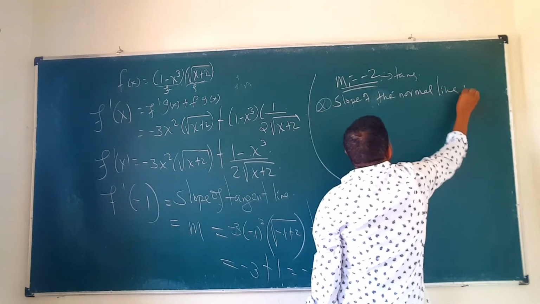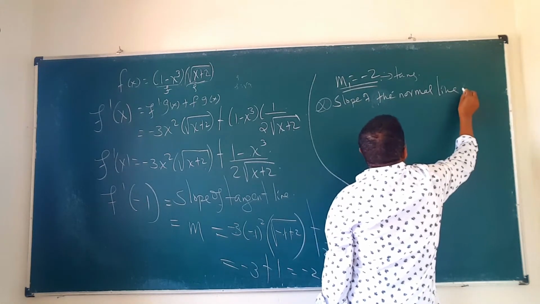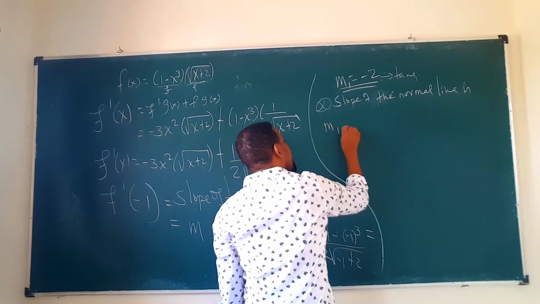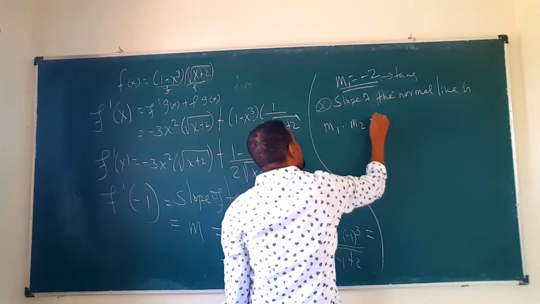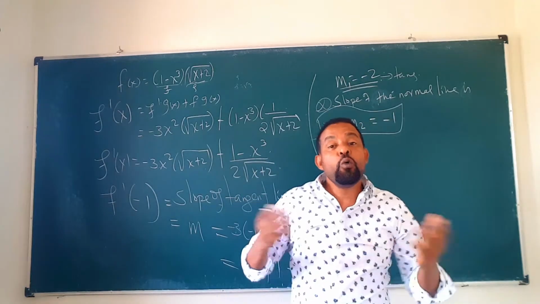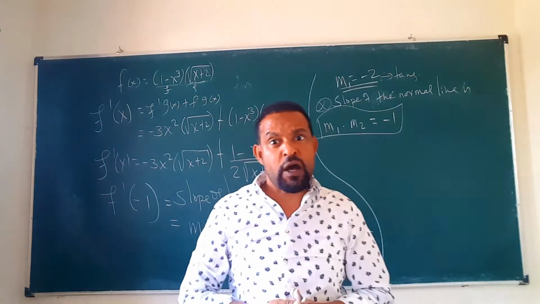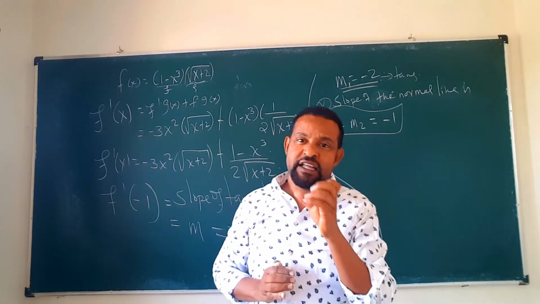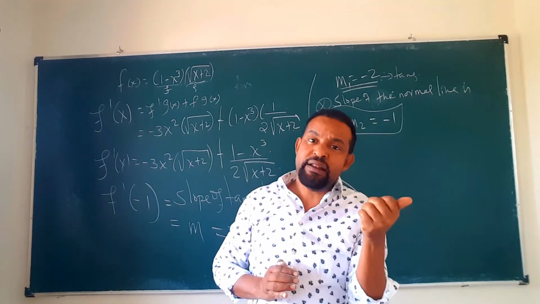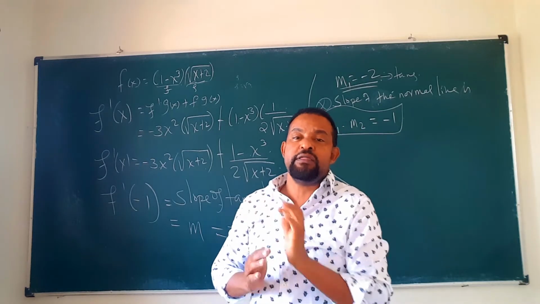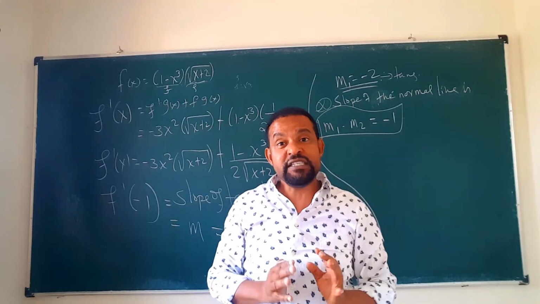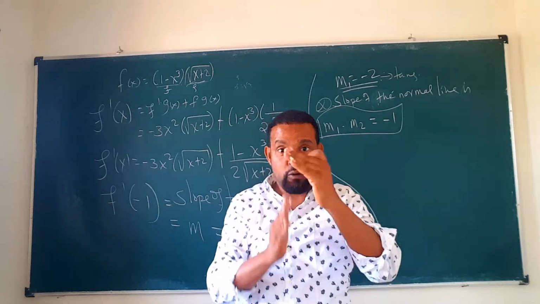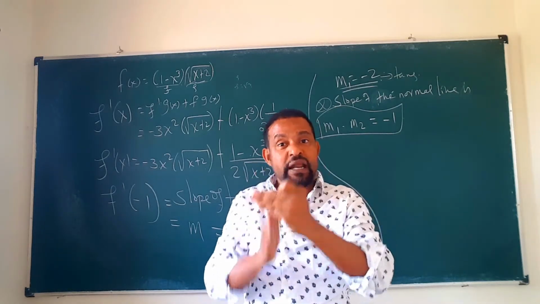So m1, the slope of the tangent line, times m2, the slope of the perpendicular line, should be negative 1. We say that two lines are perpendicular or normal if the product of their slopes is negative 1. That means if the slope of line 1 times the slope of line 2 is negative 1, then the two lines are perpendicular. So the tangent line and the normal line to the tangent, the two lines are perpendicular, forming 90 degrees.